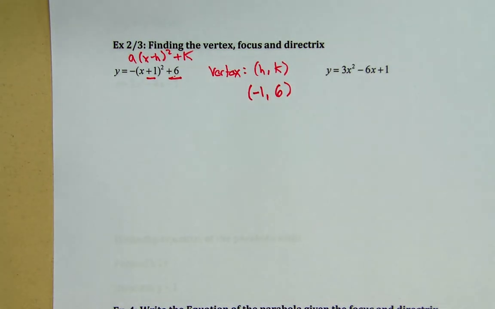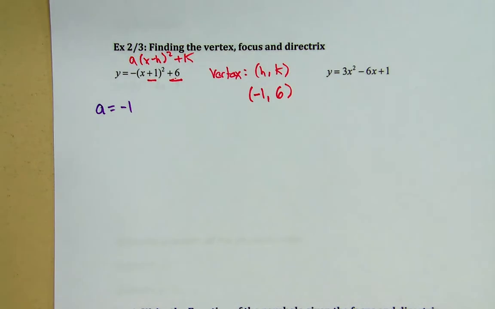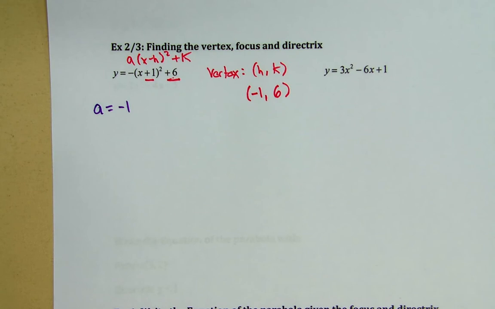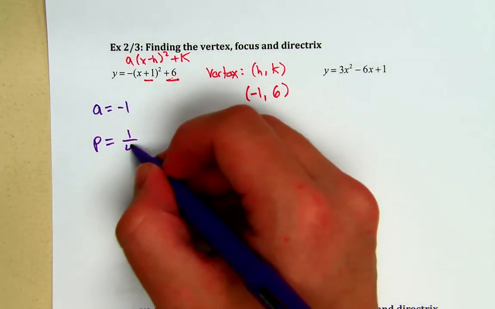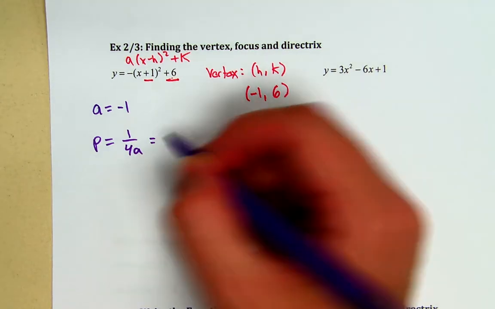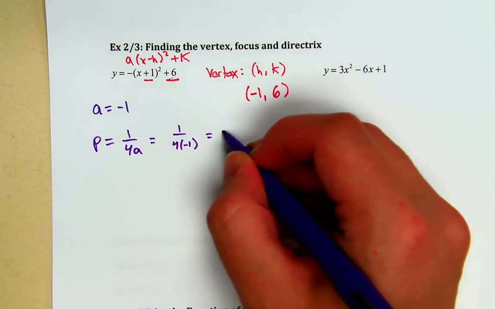So I found the vertex. Next thing you want to do is identify what a is. Well, a is -1. Now use that to solve for p. Remember, p is 1 over 4a, so that equals 1 over 4 times -1, which is -1/4.